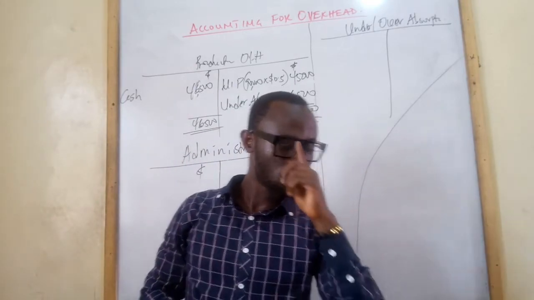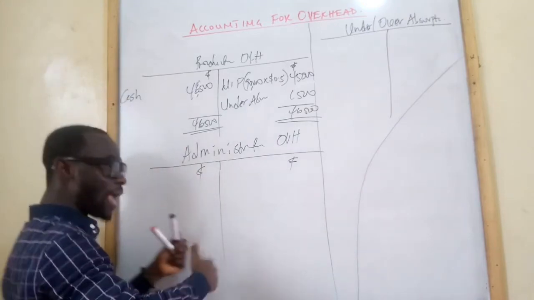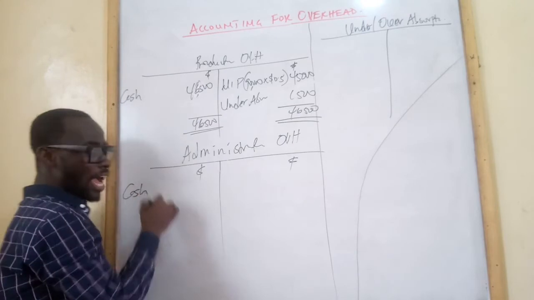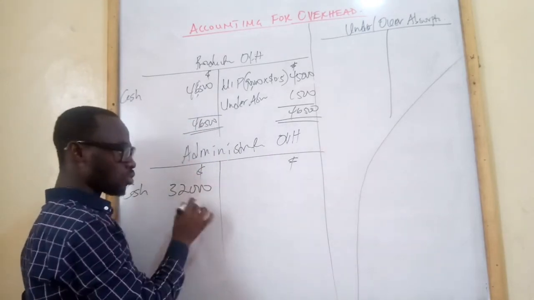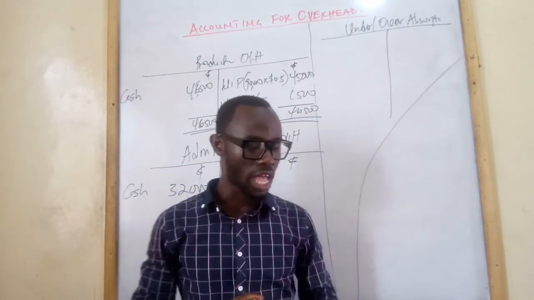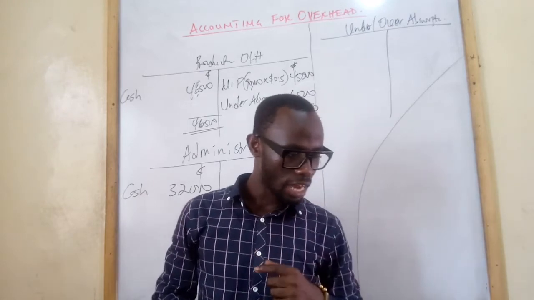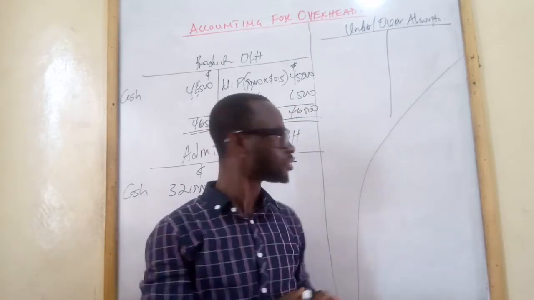So we go to the administration overhead. The actual administration cost paid, we credit the cash book, then we debit the administration. So the actual administration paid was 32,000. But the one that is absorbed, we are told that the administration overhead is 20% of the production cost of sales.